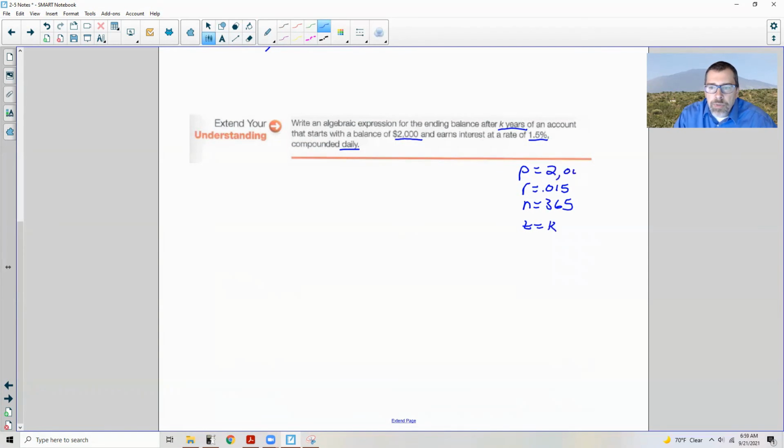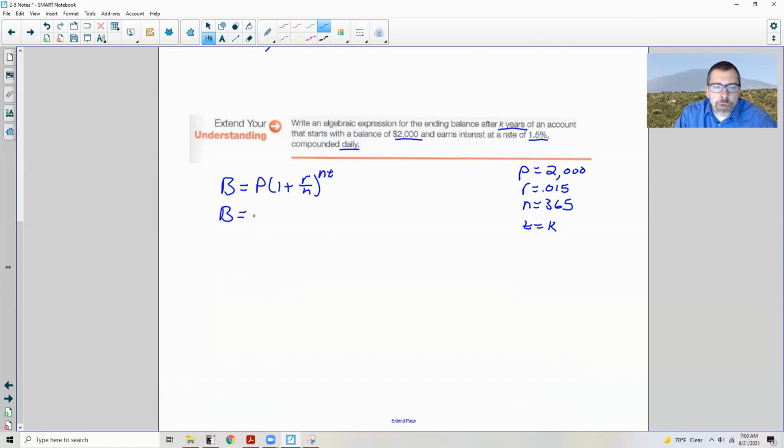All righty, so now that we've got that, write the formula first. B equals P times 1 plus our rate divided by our N to the power of NT.